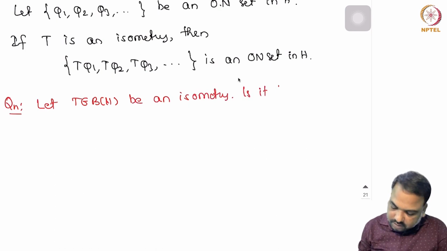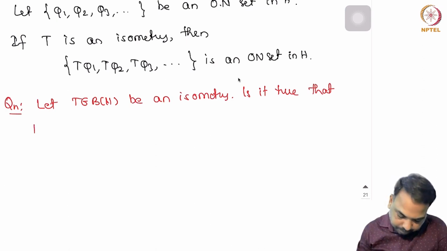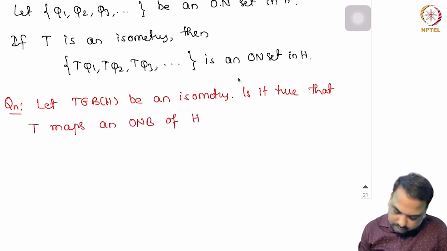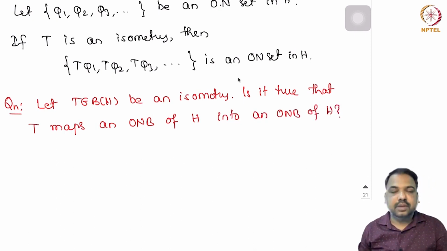Is it true that T maps an orthogonal basis of H into an orthogonal basis of H?